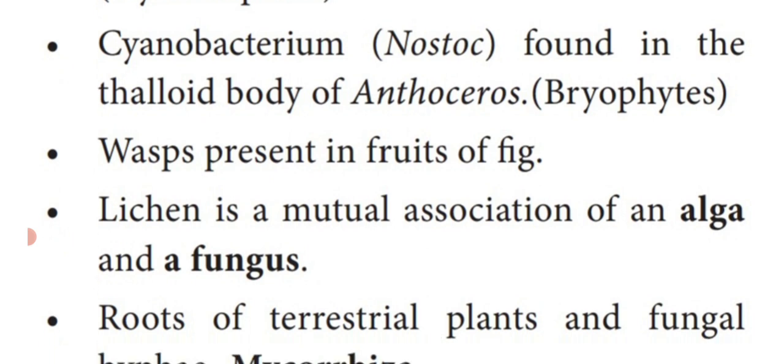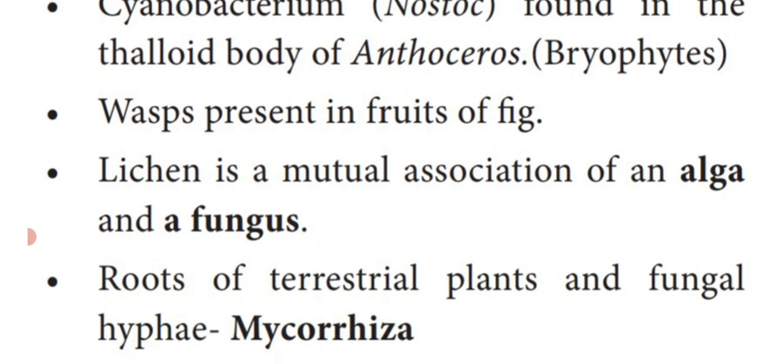Next one, a small insect known as wasp, present in the fruit of a fig tree. Then another mutual association, a relationship between algal partner and fungal partner, is known as, what is that one? Lichen. Also studied in 11th standard.